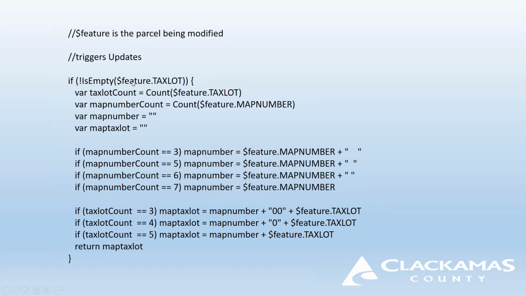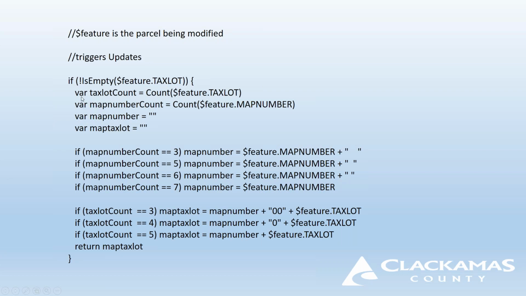This not is empty on the feature tax lot is checking to see if, let's put it this way, the process will fail if tax lot is empty. It will actually throw an error, and this happens when you have a seed and you grow it to a parcel. It triggers the event, and if you don't assign that tax lot value before you grow the parcel, it will fail. I will show you that here in a minute.